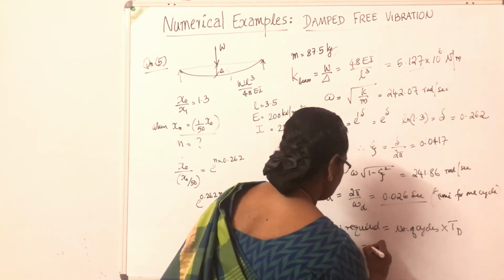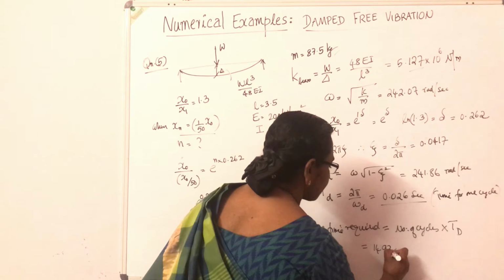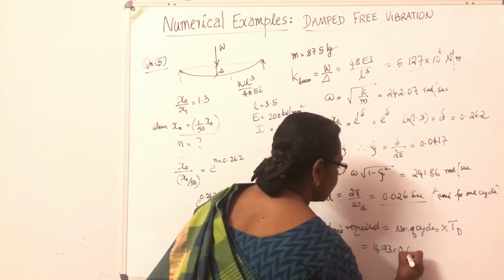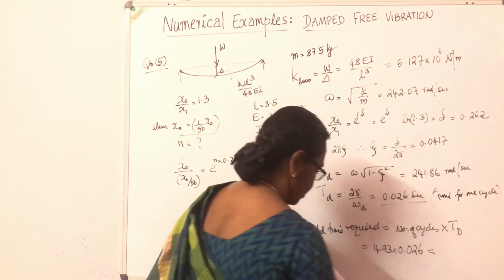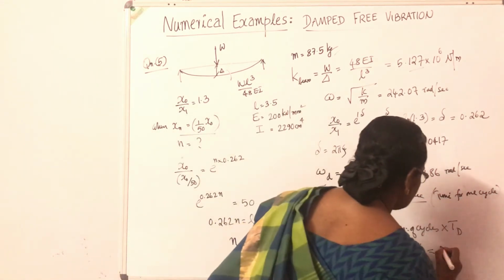The number of cycles is 14.93, the time for one cycle is 0.026. So it works out to 0.387 seconds.